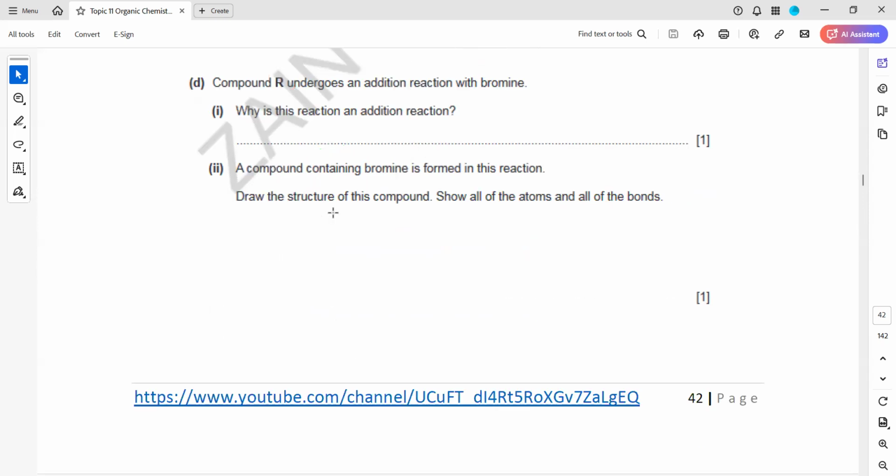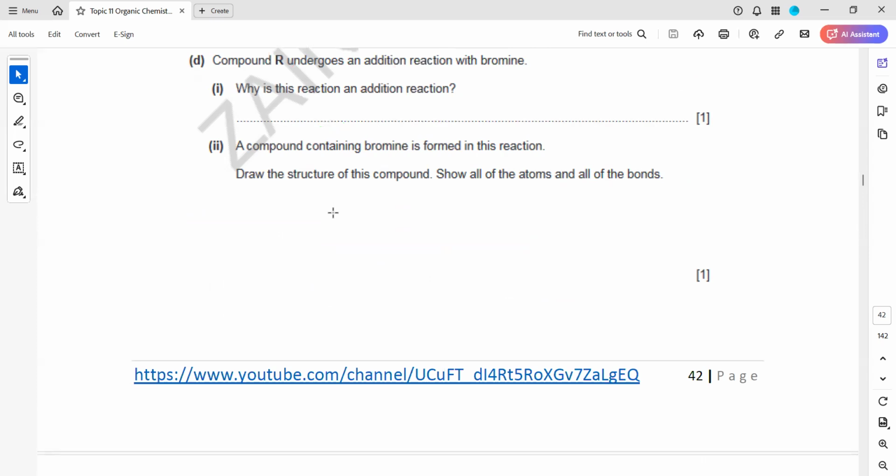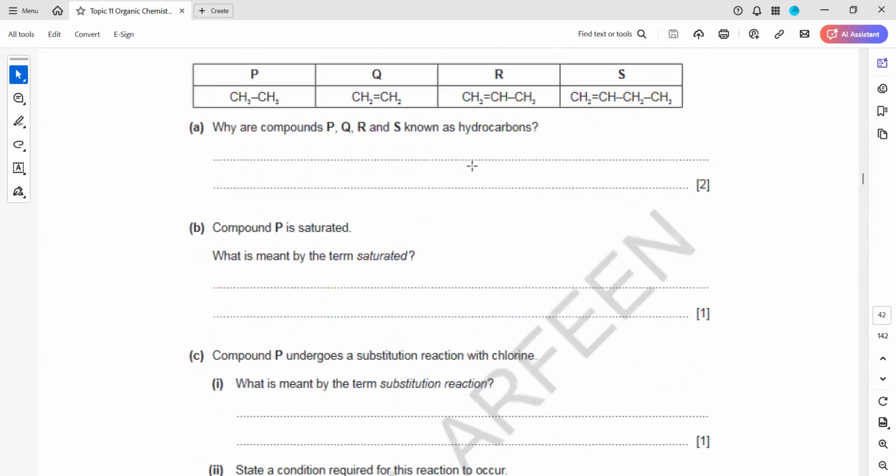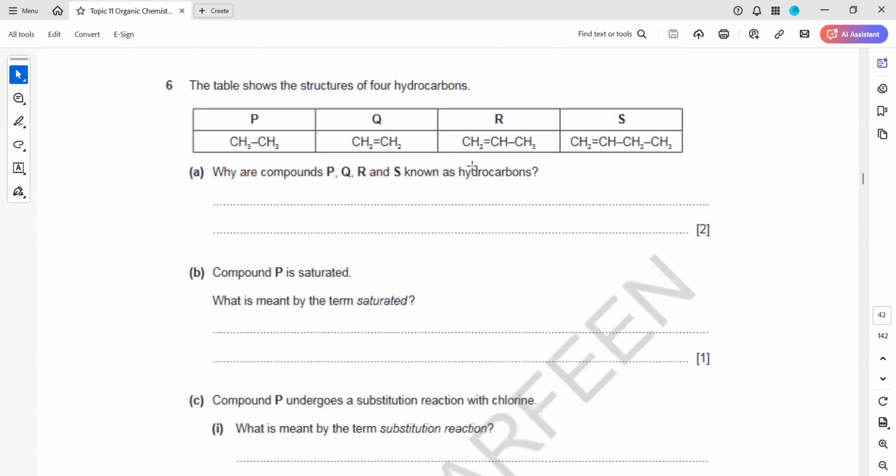Next, a compound containing bromine is formed in this reaction. Draw the structure of this compound. So R is reacting with bromine. Whenever there's a double bond in an alkene and it undergoes an addition reaction, the double bond will break and two atoms will be added. Like it's Br2.